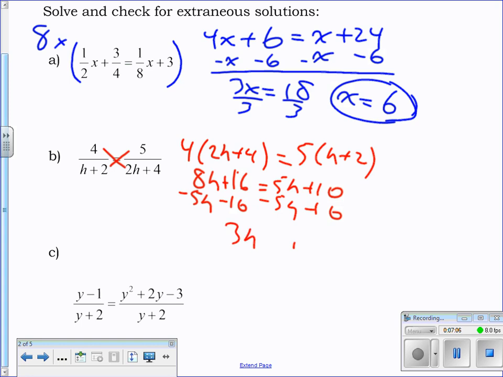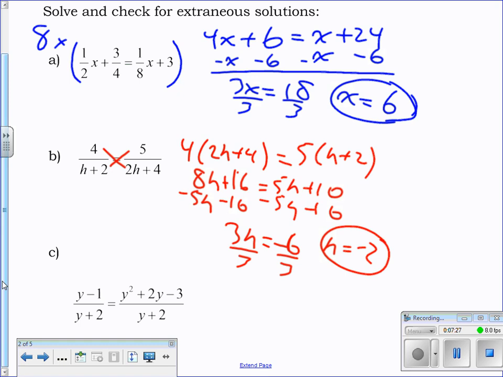So I get 3h equals negative 6, right? 10 plus 8, is that negative 6? Did I get it right? Divide by 3, h equals negative 2. My bad.